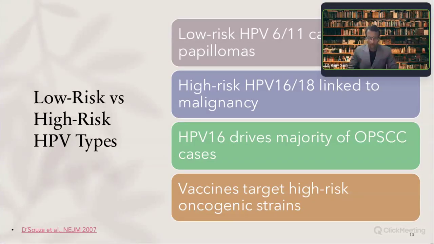Vaccines also target high risk oncogenic strains, so getting vaccinations at an early age will definitely help reduce the incidence of oral HPV infection. There's a study done by D'Souza et al. in 2007 that mentioned these things in detail.